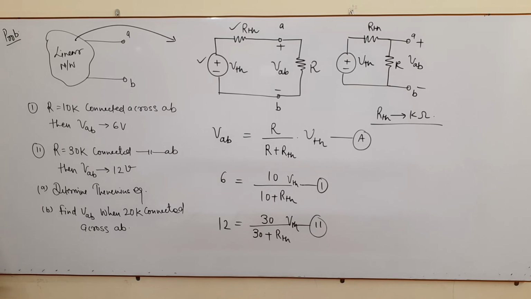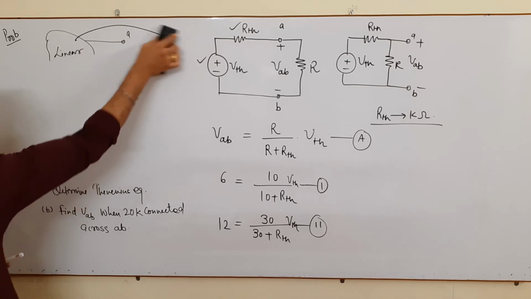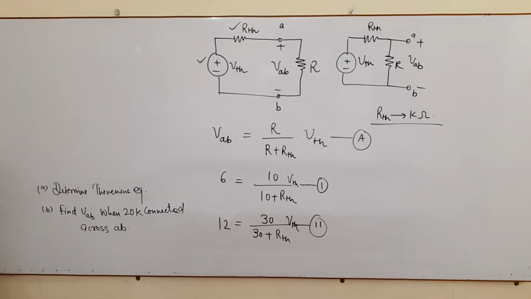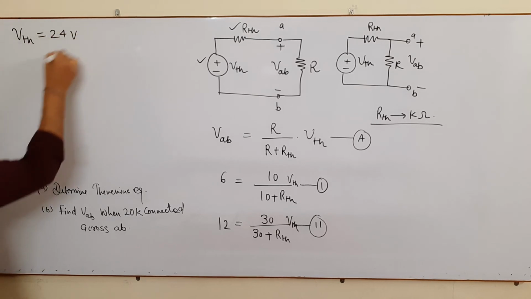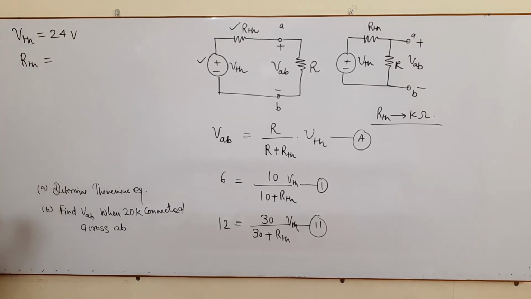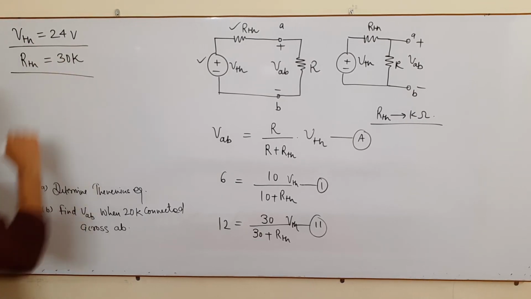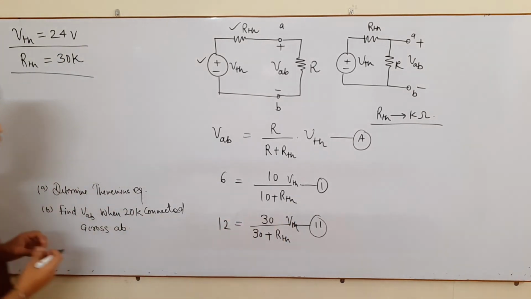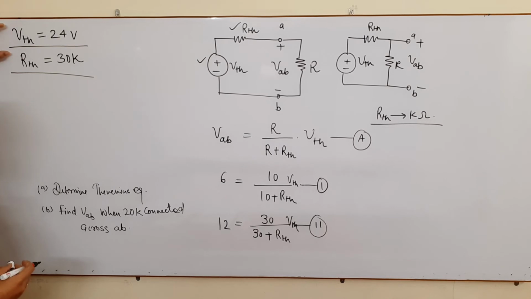If you solve these two equations, this VTH comes to be 24 volt and this RTH comes to be 30K. This is a very simple equation, you just solve it. I am not solving it here. I will directly write the value of VTH as 24 volt and the value of RTH as 30 kilo ohm.